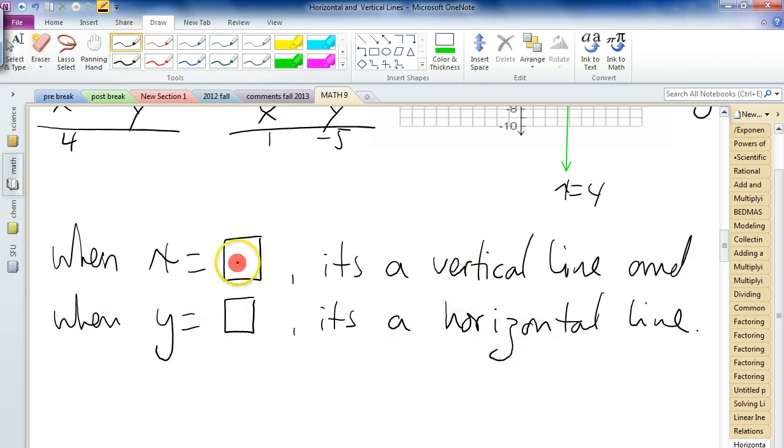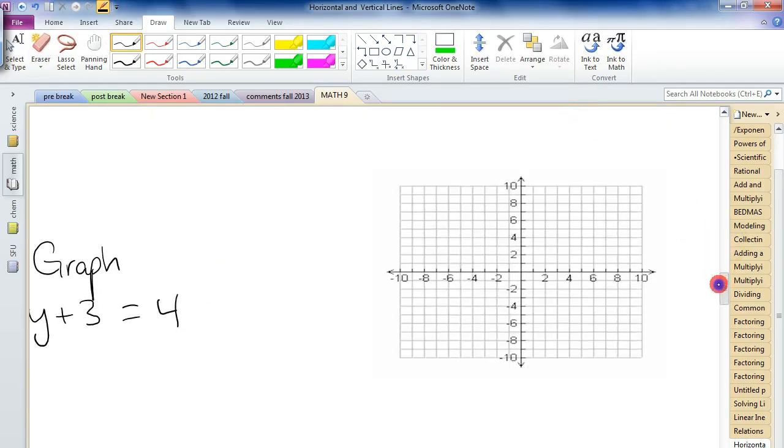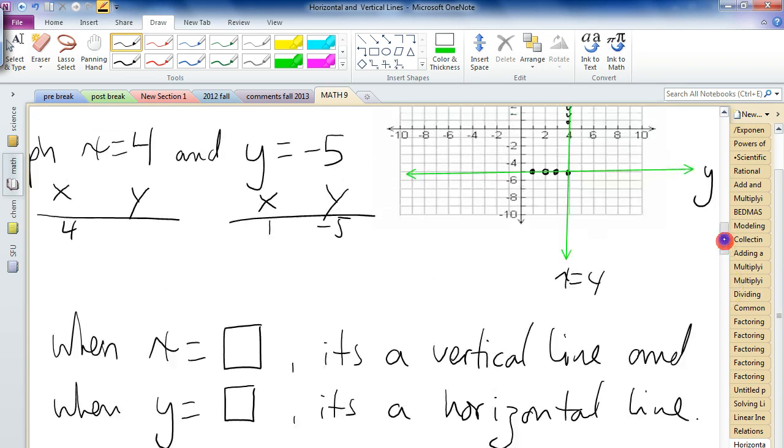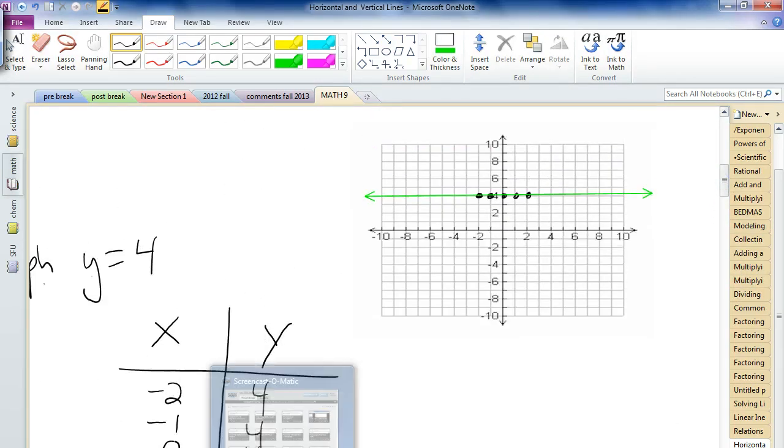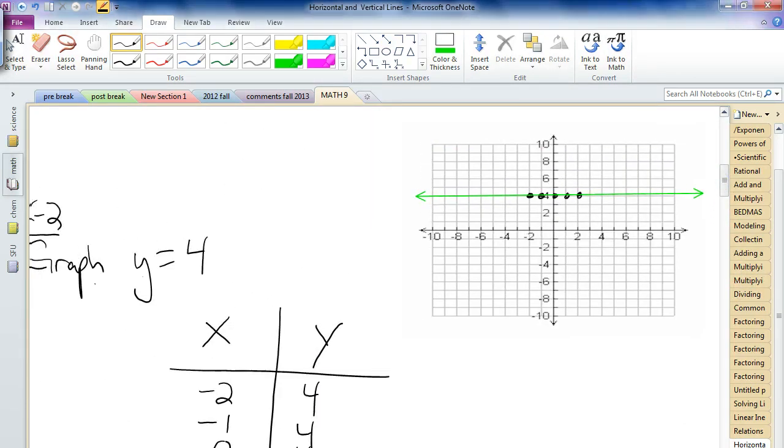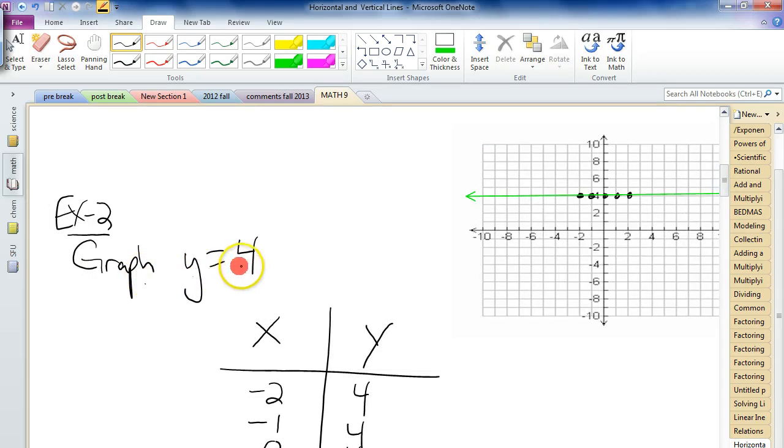Now, whatever the number says, that tells you the location on that axis. Okay? So, for example, back here, let me show you again. Y equals 4, for example. You just find where 4 is on the y-axis, and you draw a horizontal line.